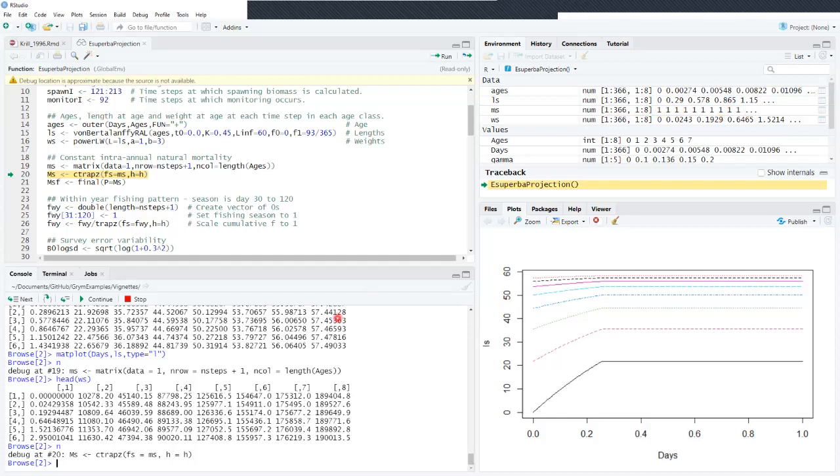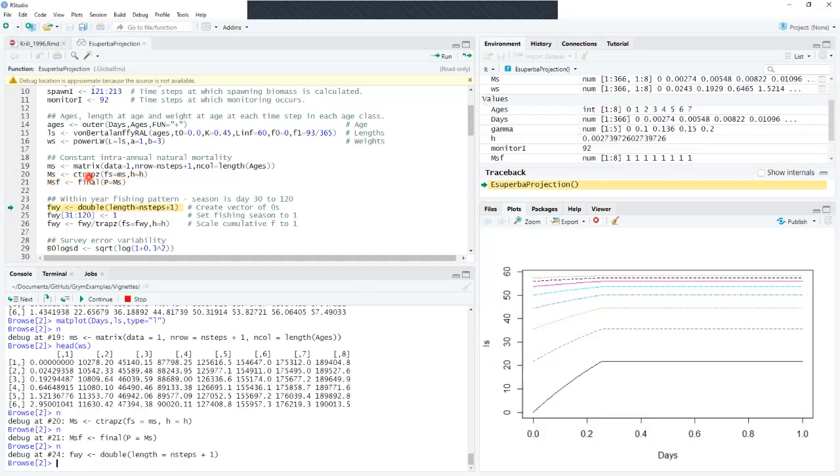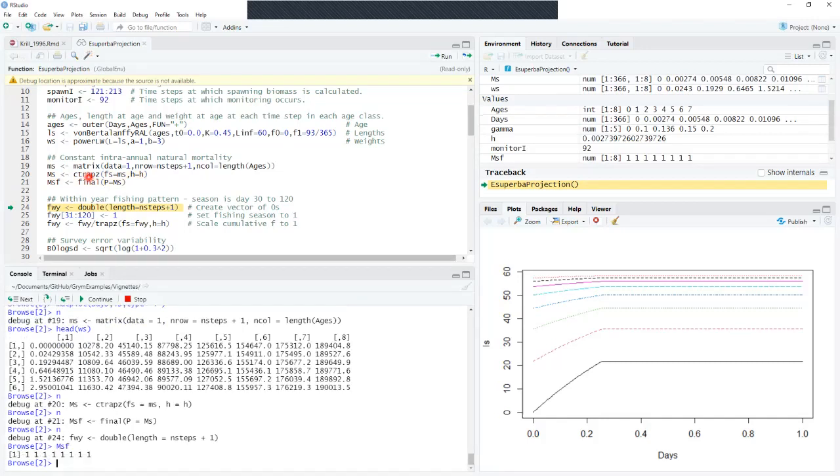Nothing particularly exciting here. We then use this C trap Z function to calculate the cumulative mortality, and this MSF is like the final row of that. So if we look at MSF, it's all 1 because that's how we've chosen the scaling for the mortality.